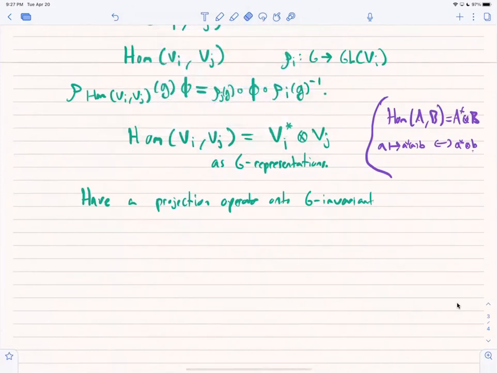Let me say this for any representation V. It's just the sum over all g in G, normalized by 1 over the order of G, of rho of g. So you add up these linear transformations. Each rho of g is a linear transformation of V, and so you just add up those linear transformations and divide by the order of G. So this is an endomorphism of V.